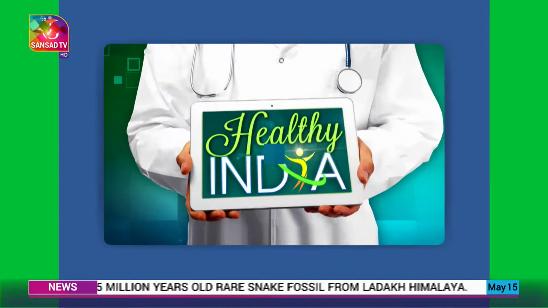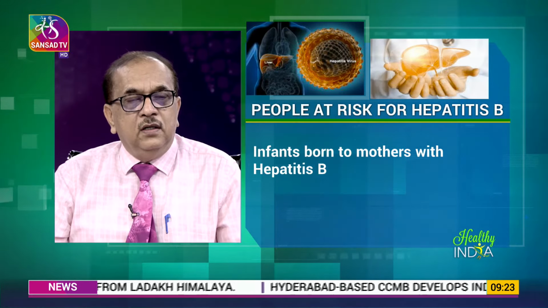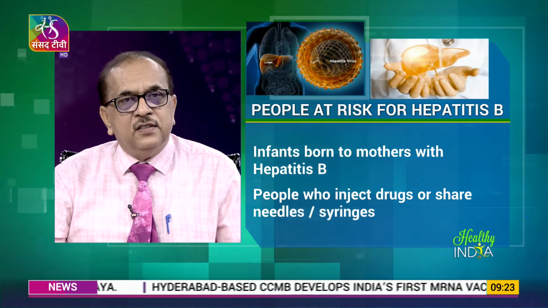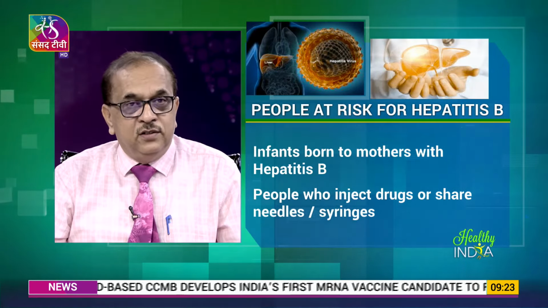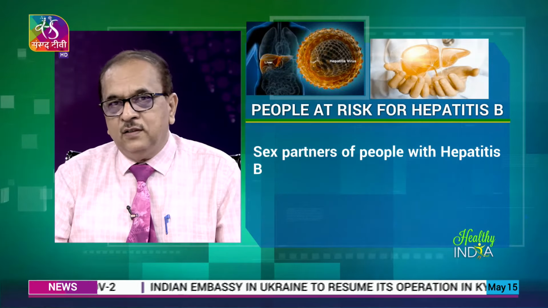But look at it. The infection can happen at the time of birth also, if the mother is positive, or at the age of 5-6 years when children play with each other. So the government of India has included hepatitis B vaccination in the national vaccination program.